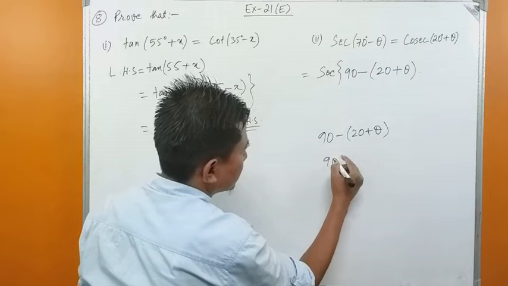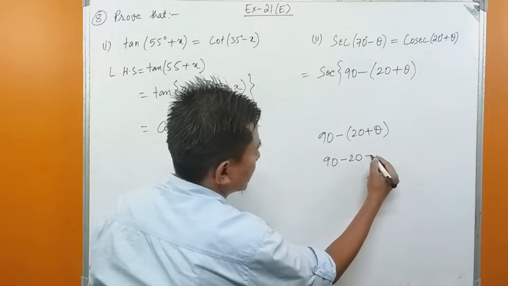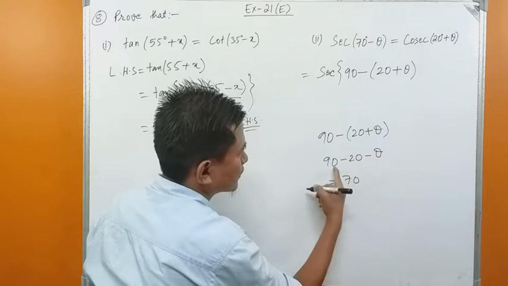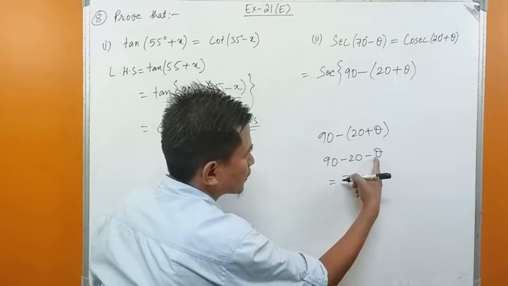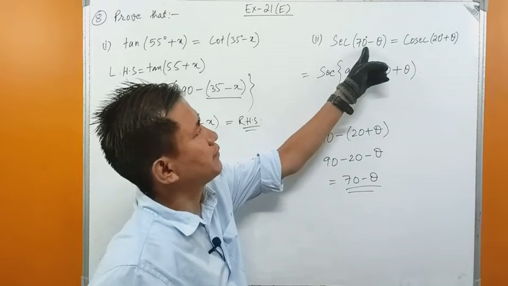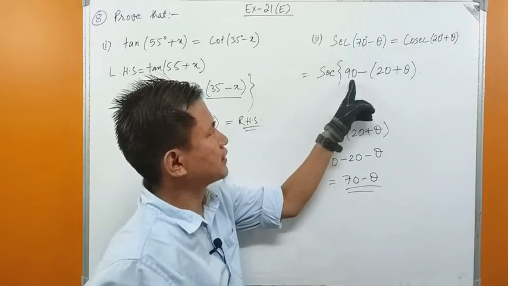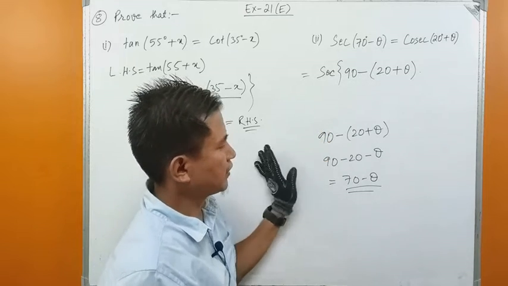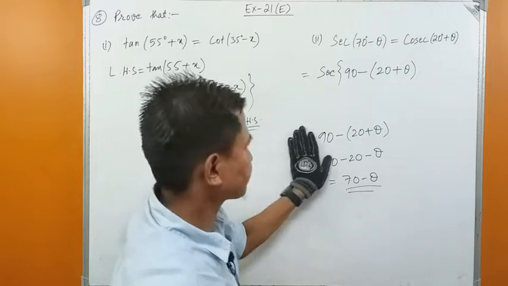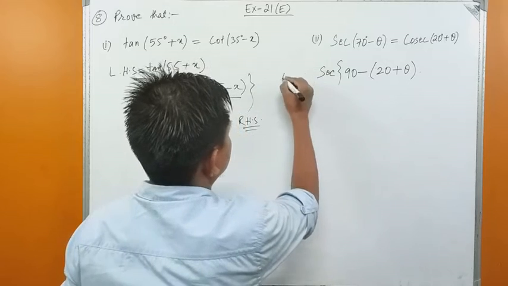So 90 minus into plus, minus 20, and minus into plus, minus theta. 90 minus 20 is 70, and this minus theta comes here. So 70 minus theta should not change. 70 minus theta is 90 minus (20 plus theta). So this is LHS.